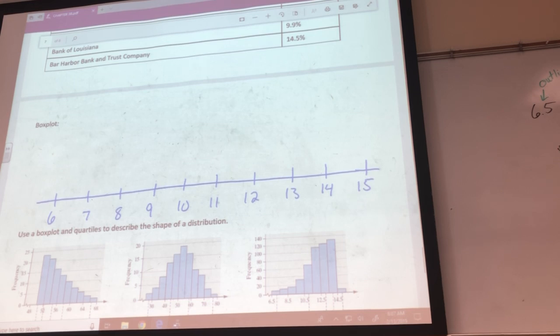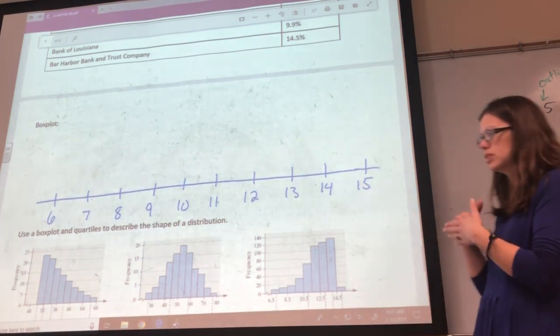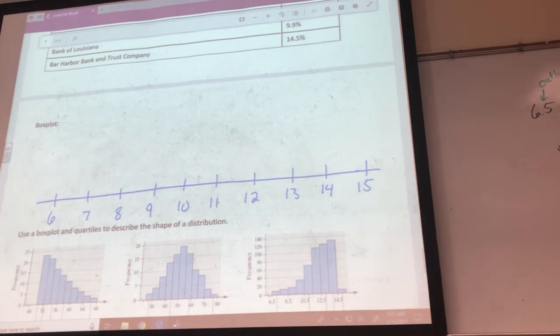When you do this on the test, you'll want to be sure you label your number line here. Don't just draw the basic shape that you see on your TI-84, because I need to know what those numbers represent. So you have to be sure to put in your numbers when you draw your number line, otherwise I'm going to take off because I don't have any point of reference for what your numbers are.